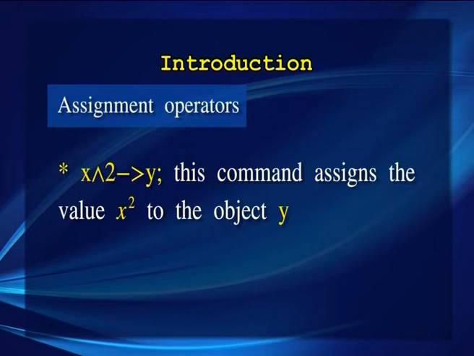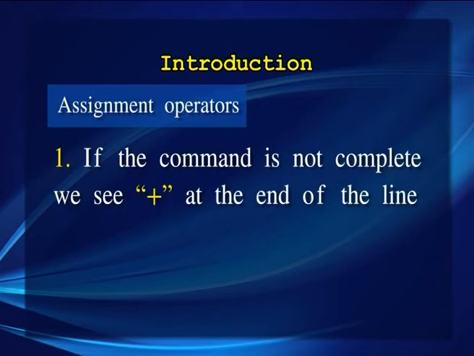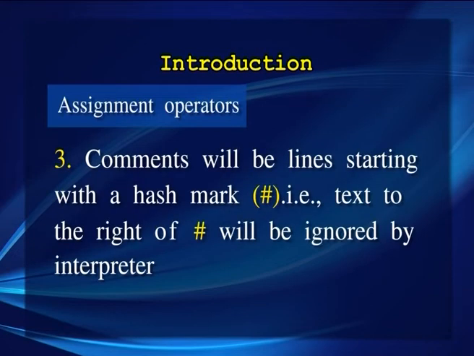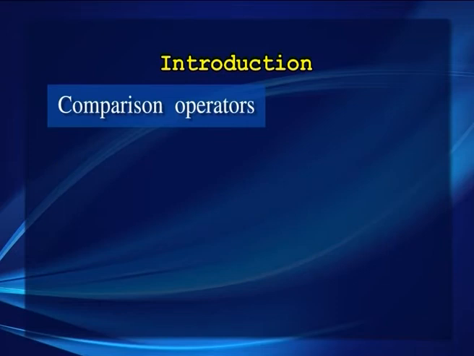This command assigns the value x square to the object y. If the command is not complete, we see plus at the end of the line. Commands are separated by semicolon or a new line. Comments will be a line starting with hash mark, that is, text to the right of the hash mark will be ignored by the interpreter.